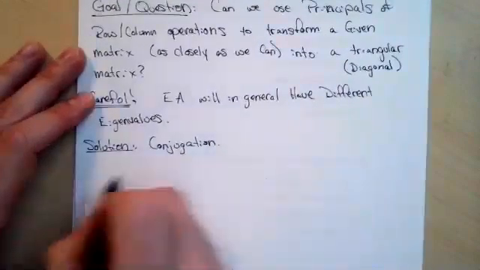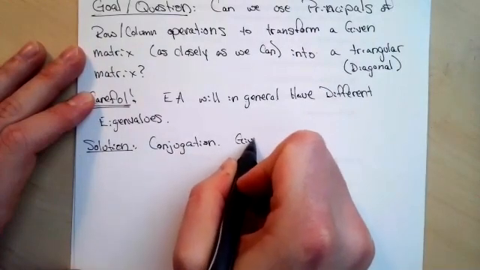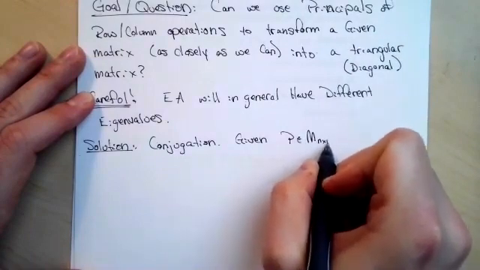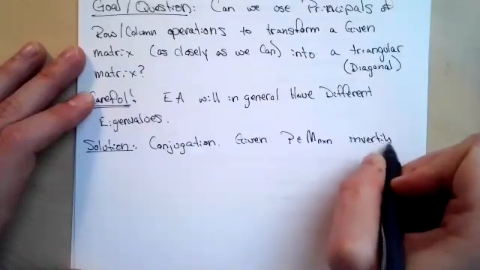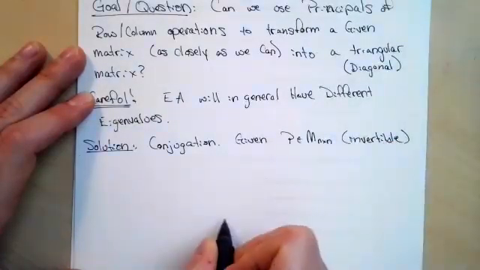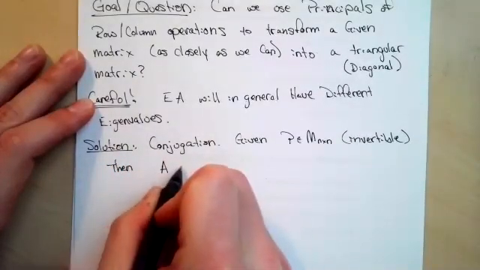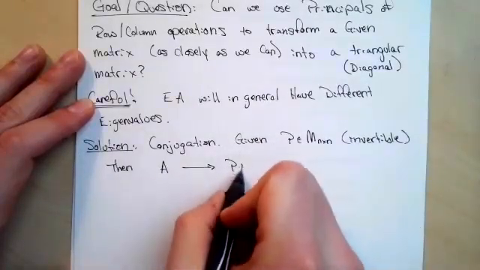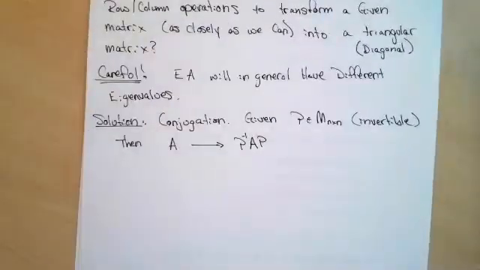Remember, the process of conjugation is to take an invertible matrix and, instead of just multiplying on the left, multiply both on the left and the right, with one of them being the inverse.